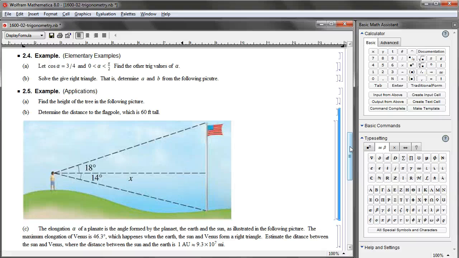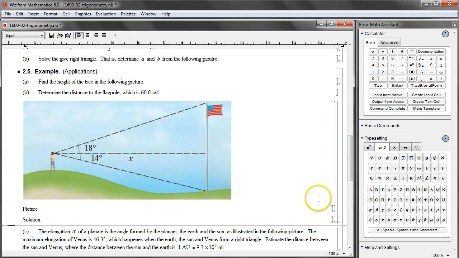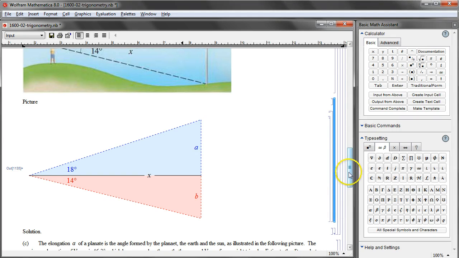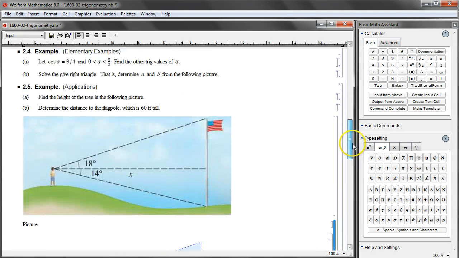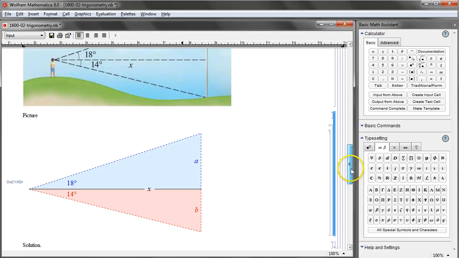Instead, we have two right triangles with angles 18 degrees and 14 degrees respectively, as we see in this picture. Here is a simplified picture. We no longer need the top one. We have a blue triangle with 18 degrees and a red triangle with 14 degrees.